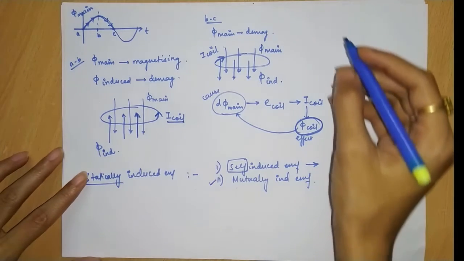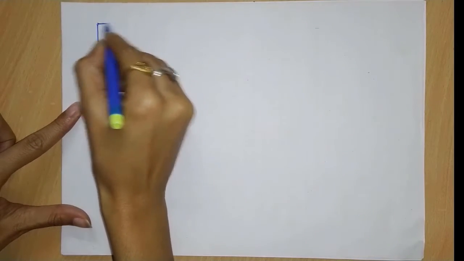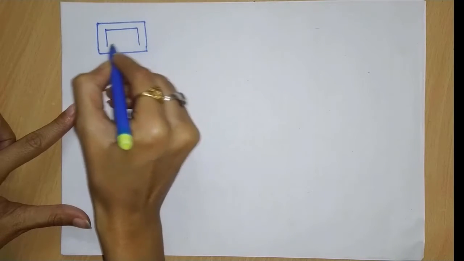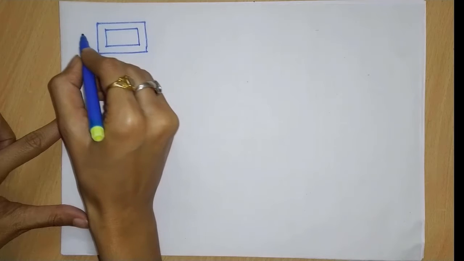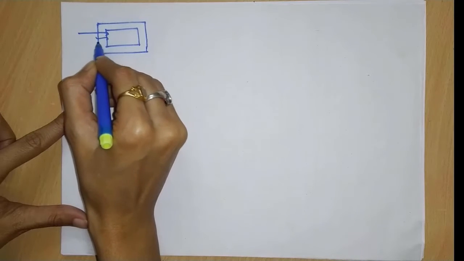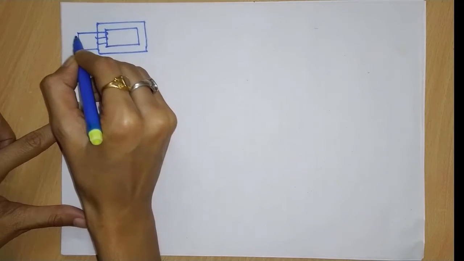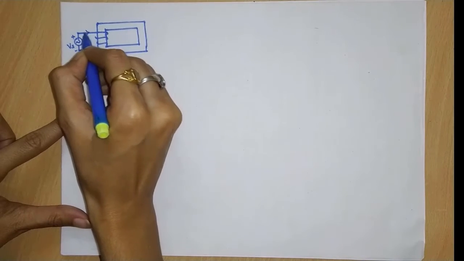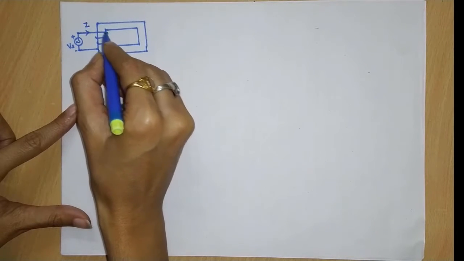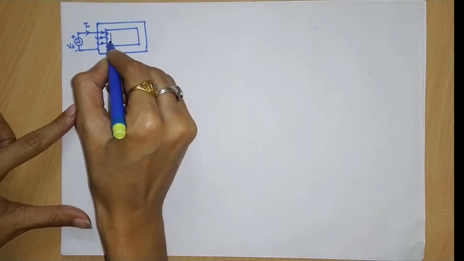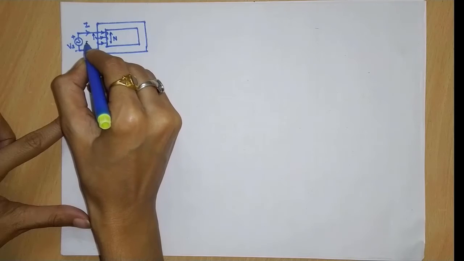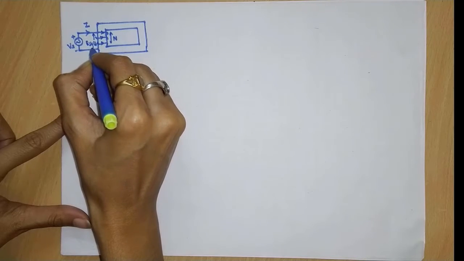I will show you some of the derivations. See, for self-induced EMF, let us suppose this is a transformer core. Number of turns n. I am supplying voltage Vs. Current will be flowing. These are the n number of turns. So here self EMF will be induced.